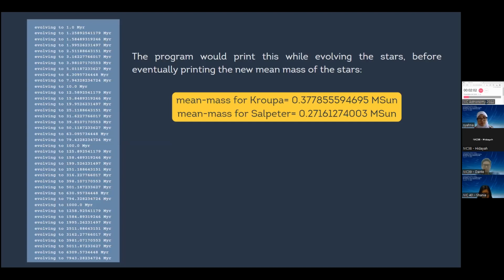The program would print this while evolving the star before eventually printing the new mean mass of the star. So after the evolution, the mean mass for Kroupa is 0.37. For Salpeter it is around 0.27 solar mass. So next.